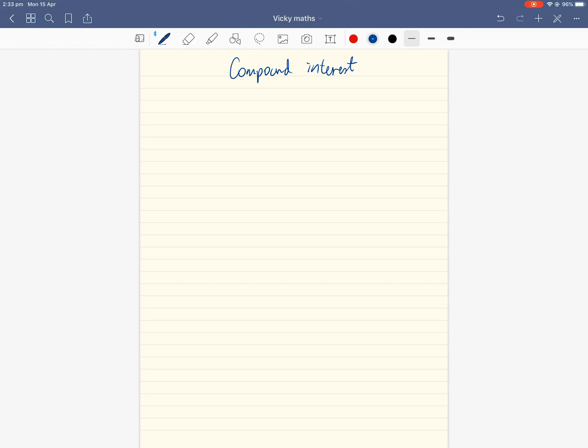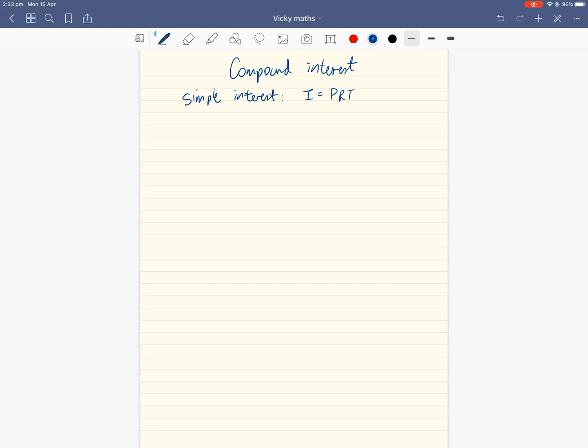So last year in year 9, we looked at this thing called simple interest. The formula for simple interest was I equals PRT. So I is your amount of interest, P is your principal amount or your initial amount, R is your interest rate, and T is your time.